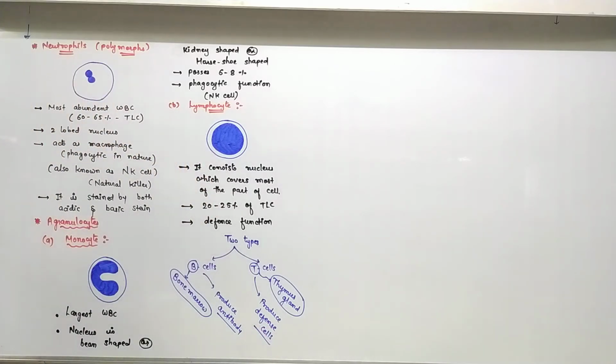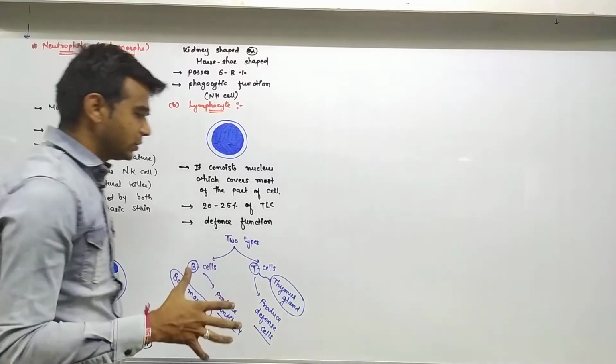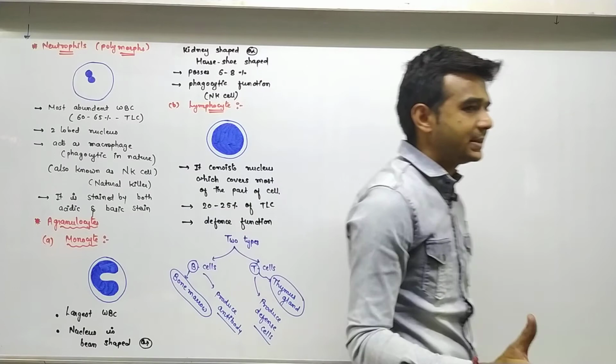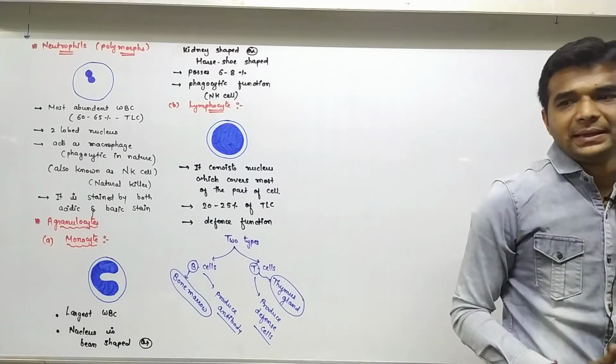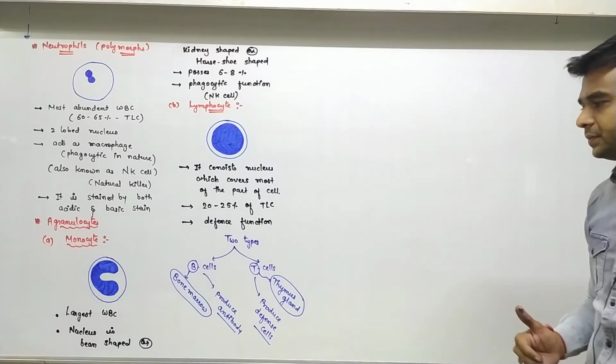Okay. Here lymphocytes are of two types, B cells and T cells. In B cell, B indicates bone marrow.